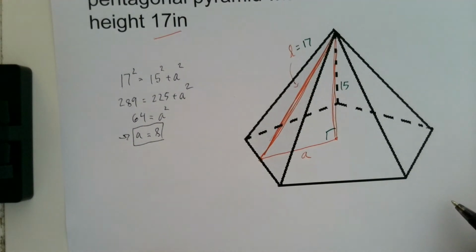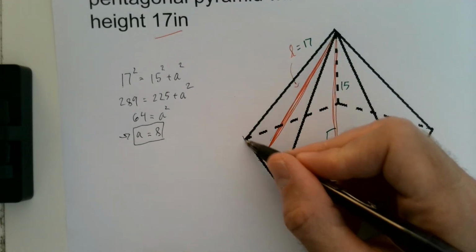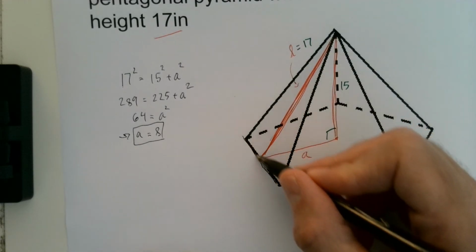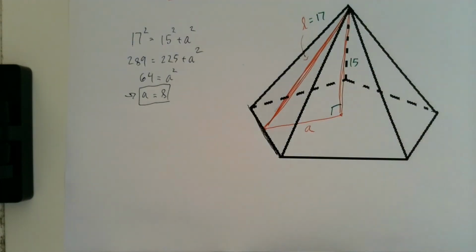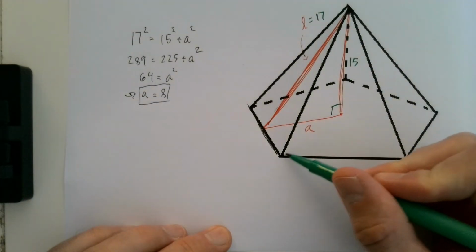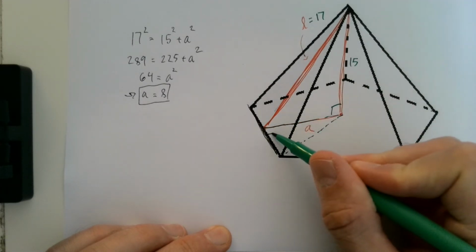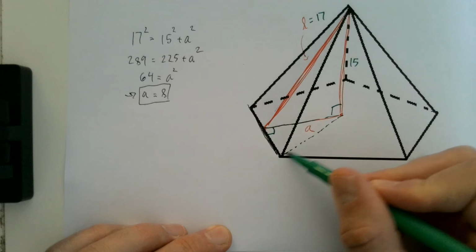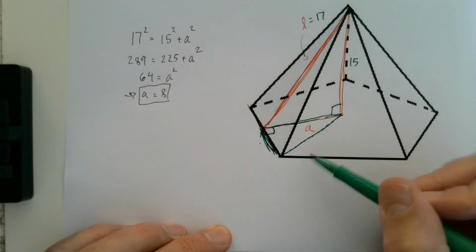That's nice. Okay, but we still haven't figured out the perimeter of our base. We also have not figured out the area of that thing. We need one of these side lengths here. Okay, so what I'm going to do is now take a look at this triangle in the bottom plane and work with it to figure out part of my base length.